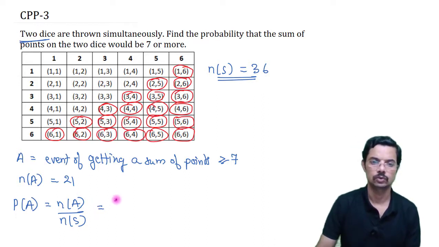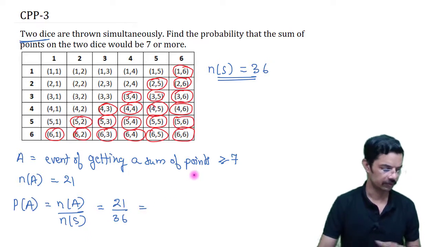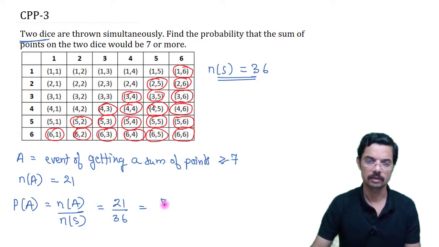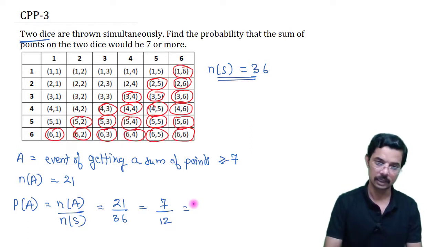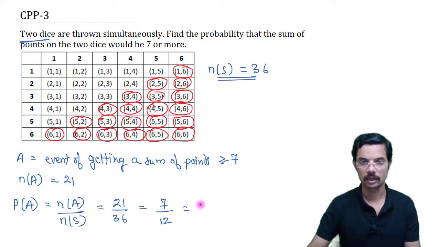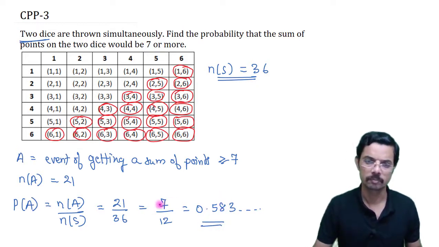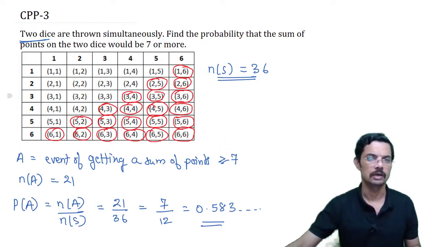So this is equal to 21 divided by 36, which can be further simplified as 7 by 12, and 7 divided by 12 will give you 0.583 and so on. So this is the probability. We can choose the answer as per given in the options.